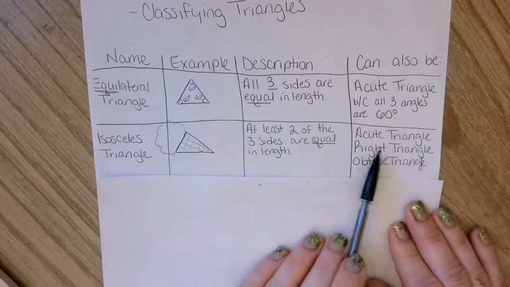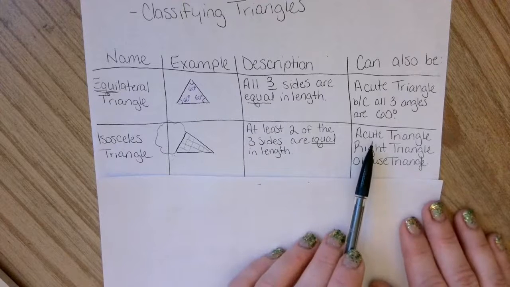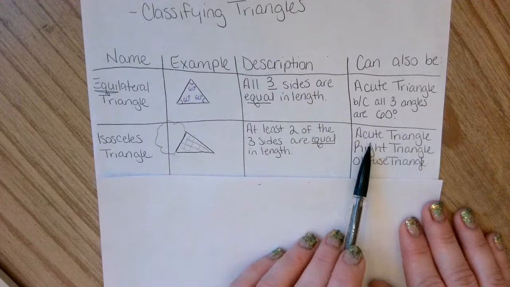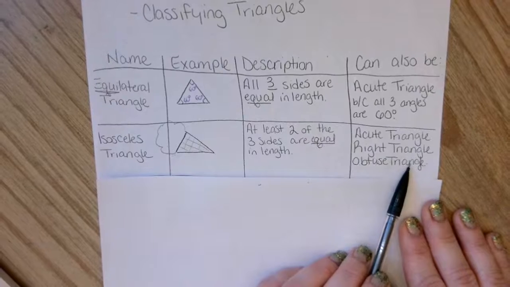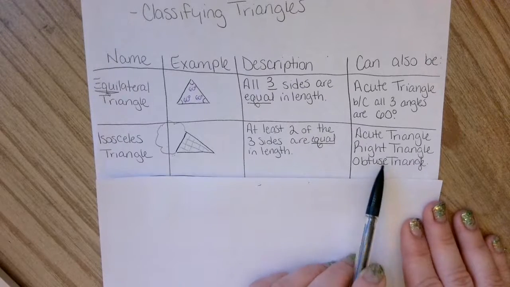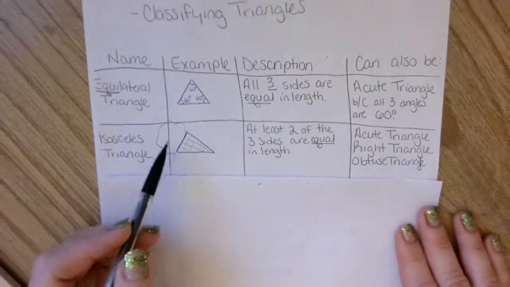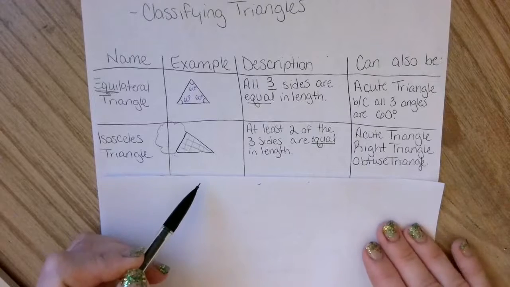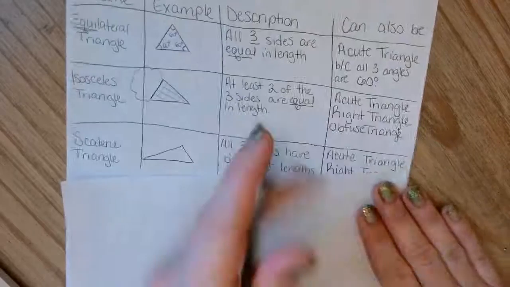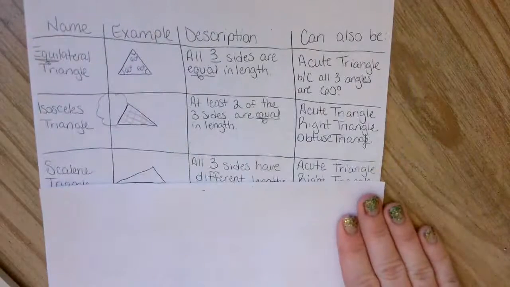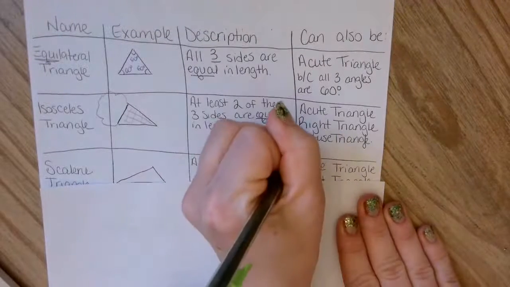Now, as far as the other names, these are also going to be called acute triangles, right triangles, or obtuse triangles. What that means is that they can be drawn in three different ways. I'm going to try and draw it very tiny right here.